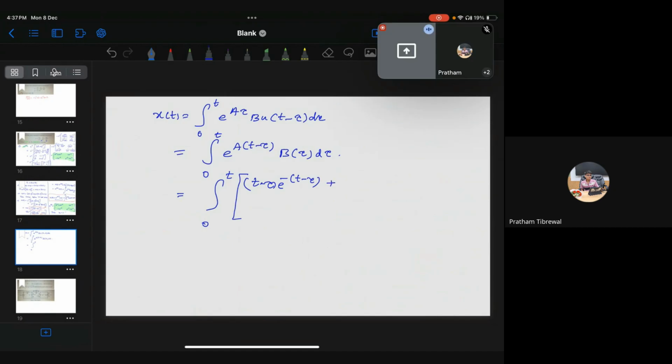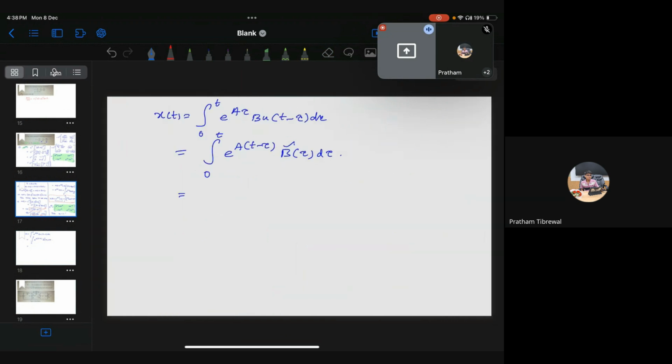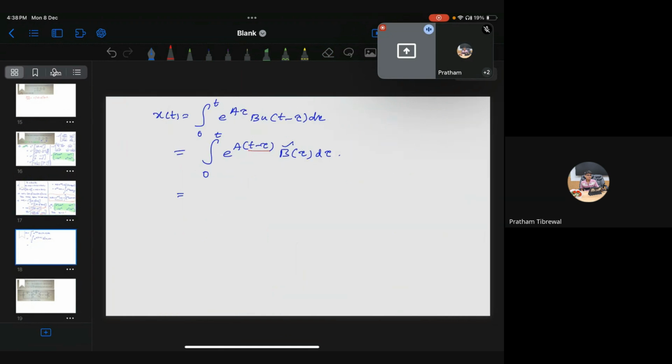So also you will substitute b expression. I'm writing the final expression, you can check it. You already have this e power at expression. Wherever there is a t, substitute t minus tau. That is first thing.